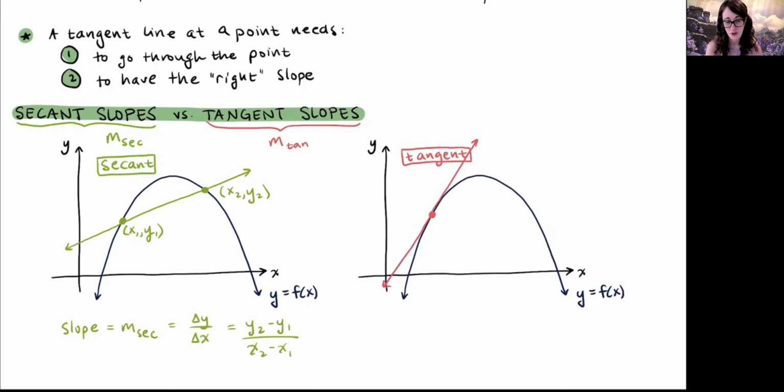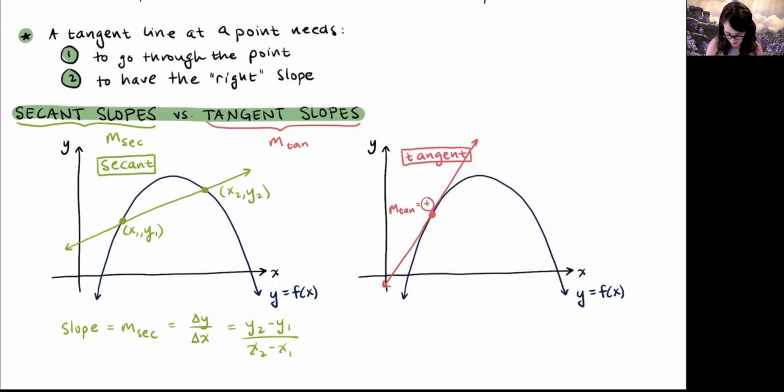But the slope is going to be 0 over 0 if we try to use our old formula, right? If we do change in y over change in x with 1 point, we're going to get 0 up top and 0 in the bottom. So the best thing we could say about this tangent line is that it's positive. That we know. It goes up from left to right.